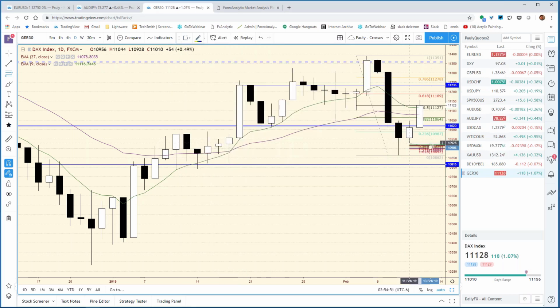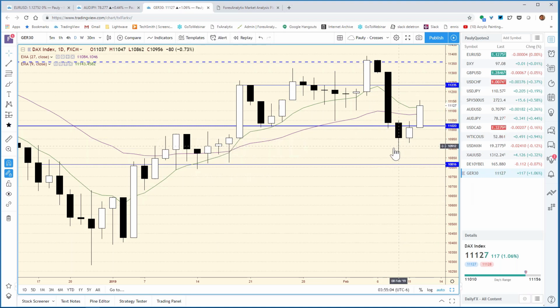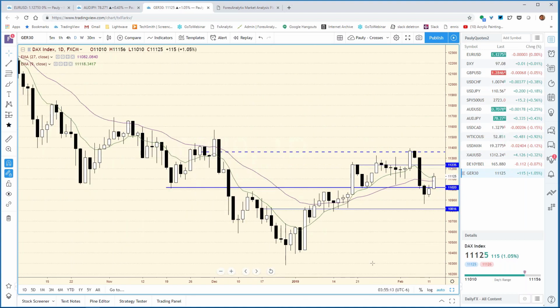And we had our support down here, 10,942. They've really tightened this thing up quite a bit.